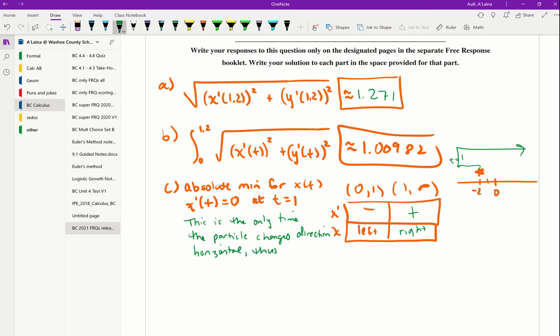Thus, it is furthest to the left at t equals 1. Now let me make sure that I found what they wanted me to find there.